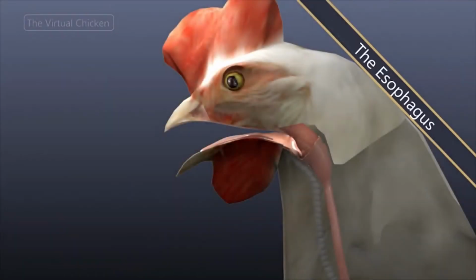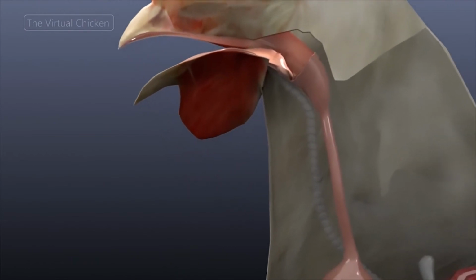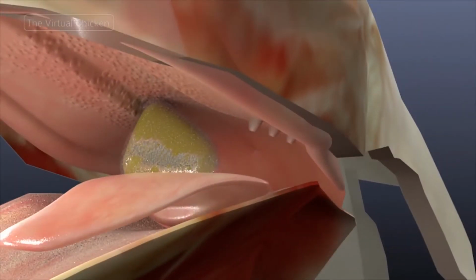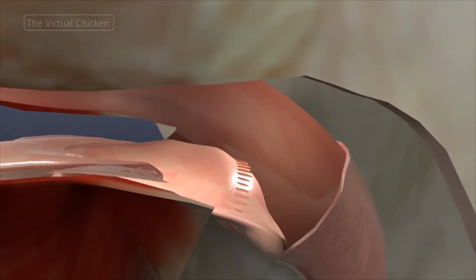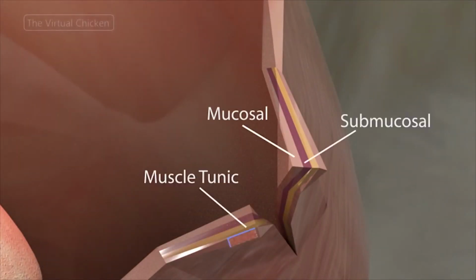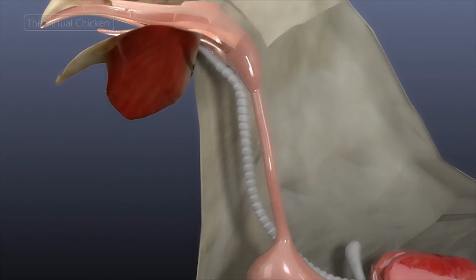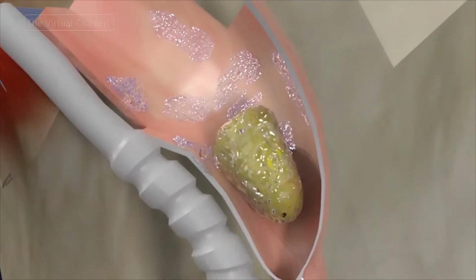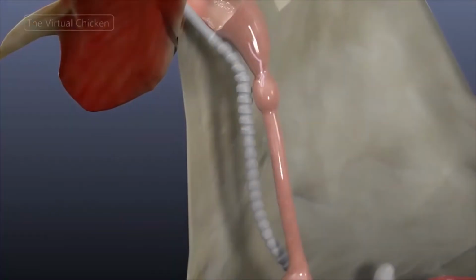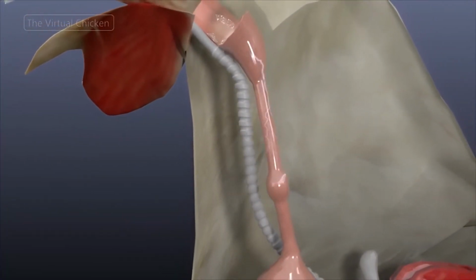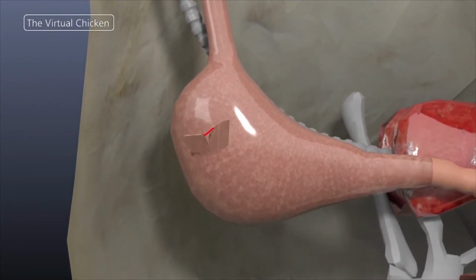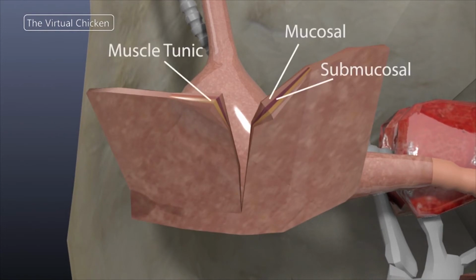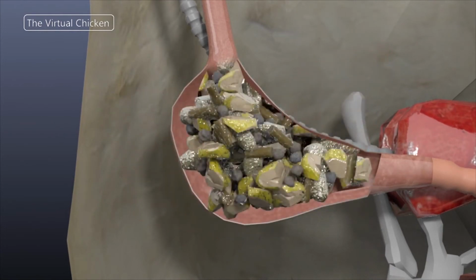The esophagus connects the pharynx and the stomach. The function of the crop.